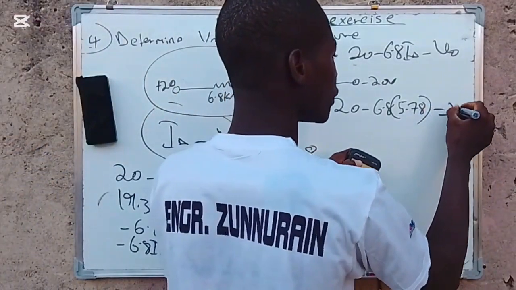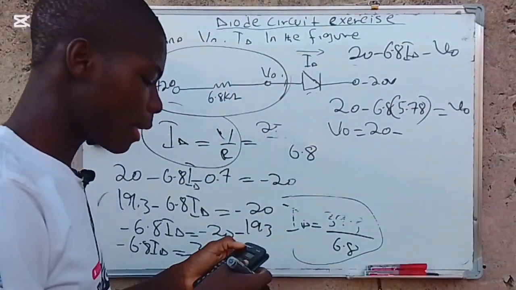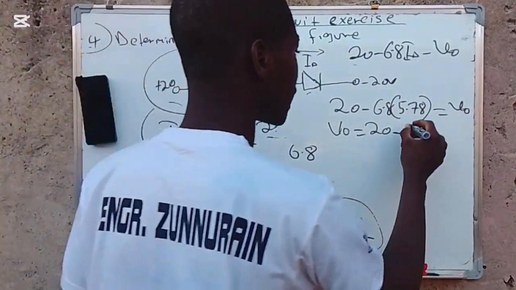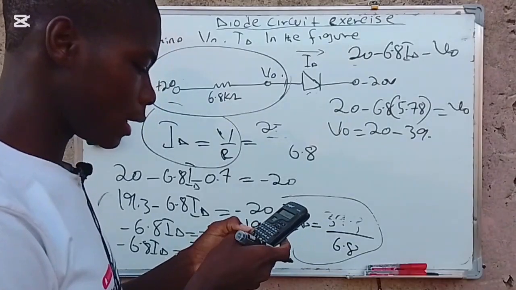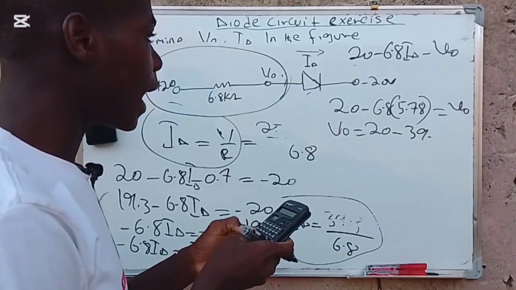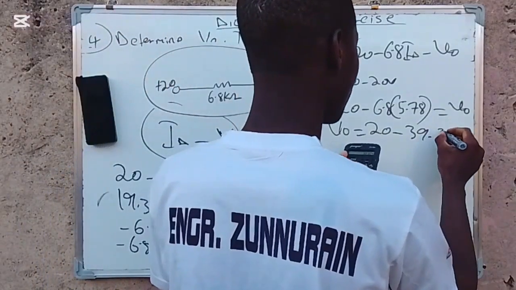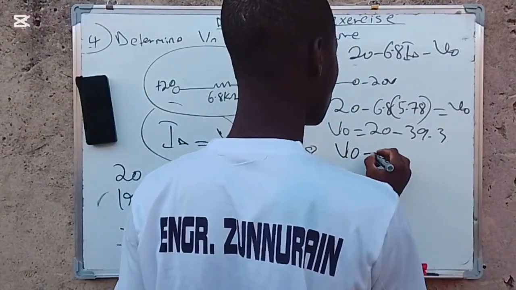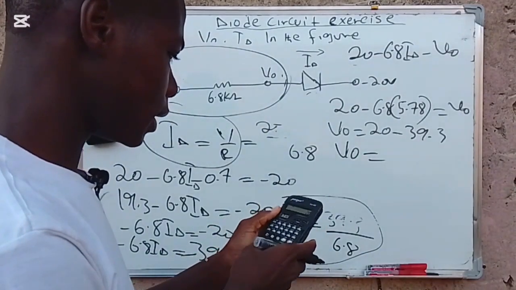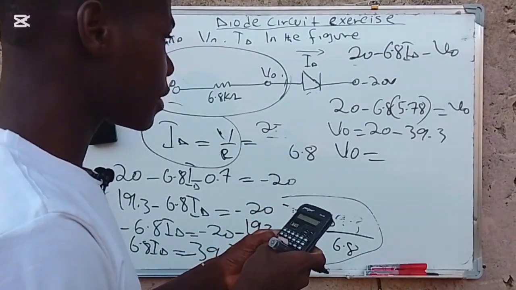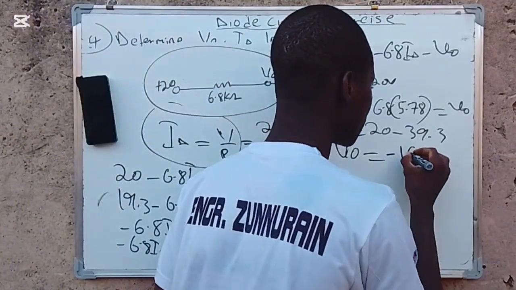So this should now be equal to V naught. V naught is equal to 20 minus this multiplied by this. I think it will give me 39 point something. Let me say 6.8 multiplied by 5.78. So this should now be equal to 39.30. So as you can see, V naught should now be equal to 20 minus 39.3. So this should now be negative 19.3.